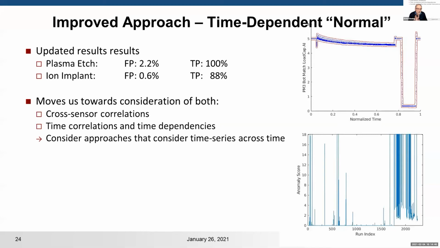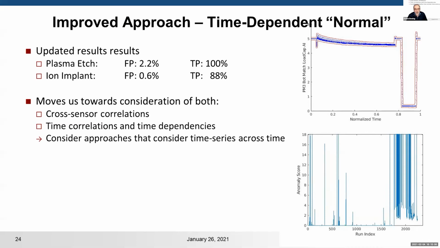So just applying still that Parzen window, but to that time dependence on those two problems, you can substantially improve your true positive and your false positive rates. But what's interesting is this is moving us towards more of the time series kinds of analyses.